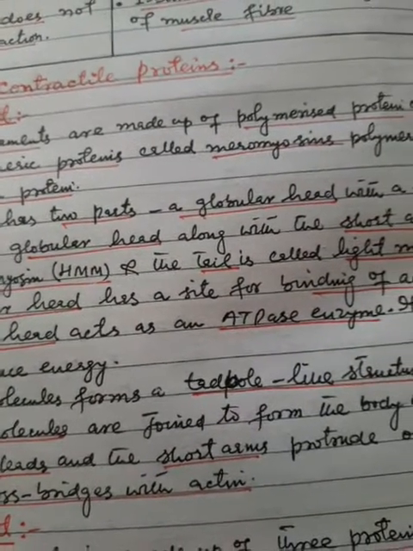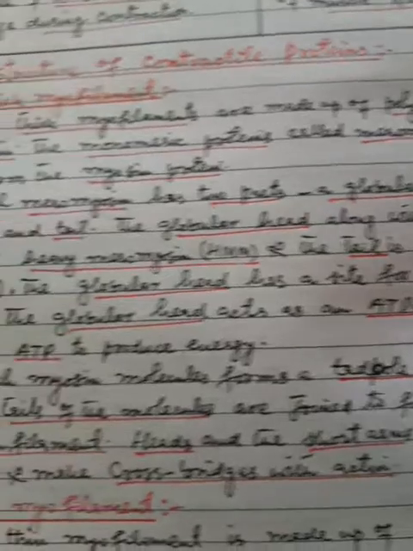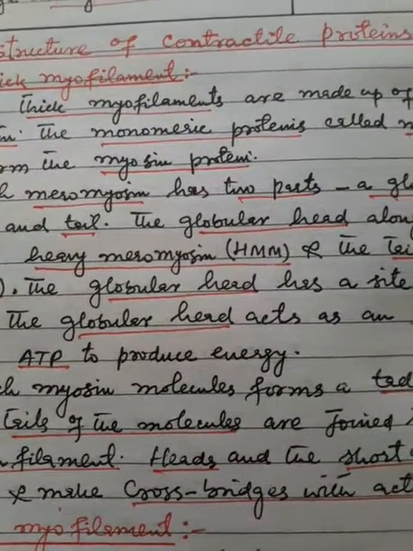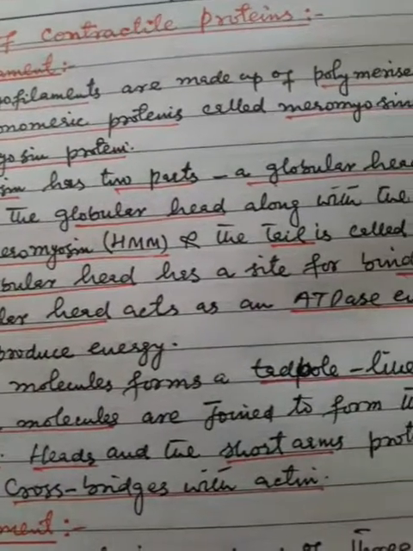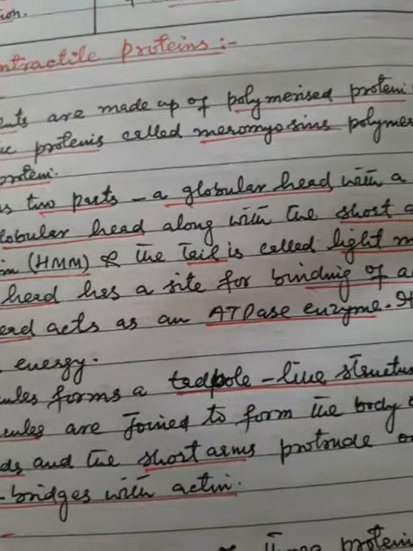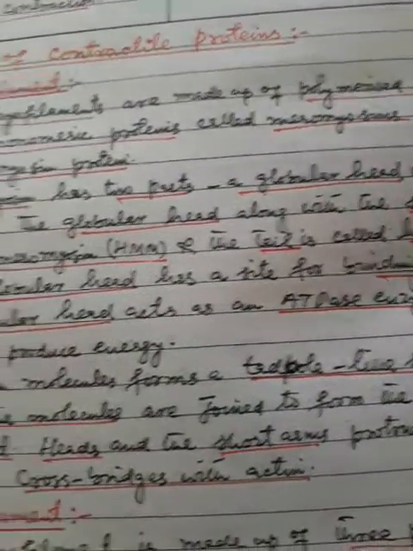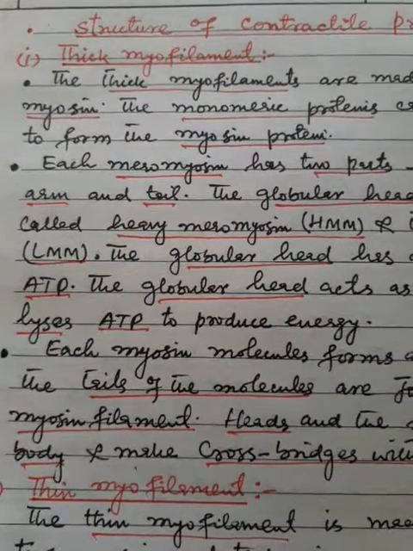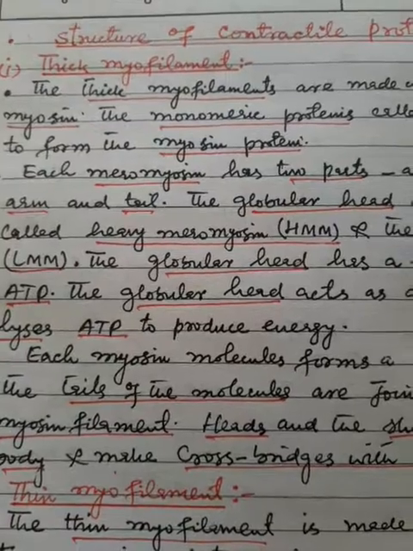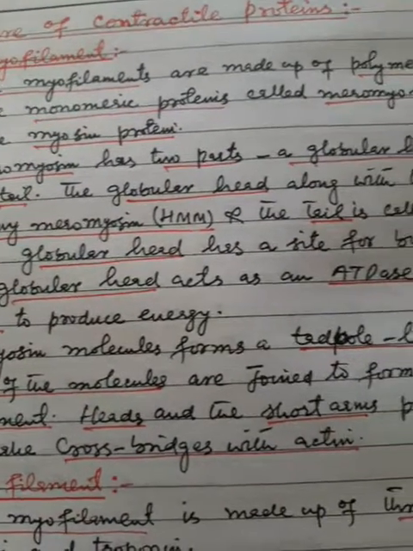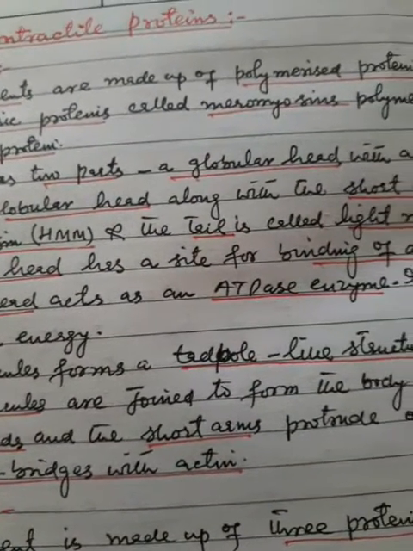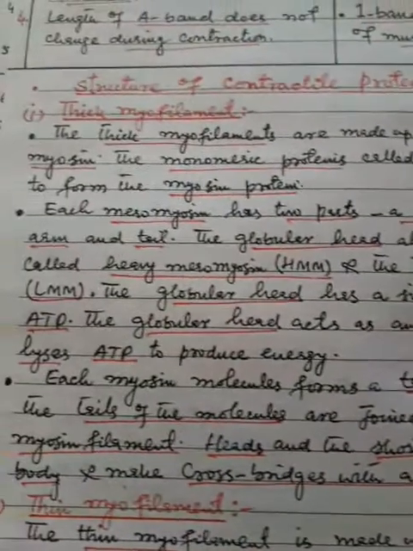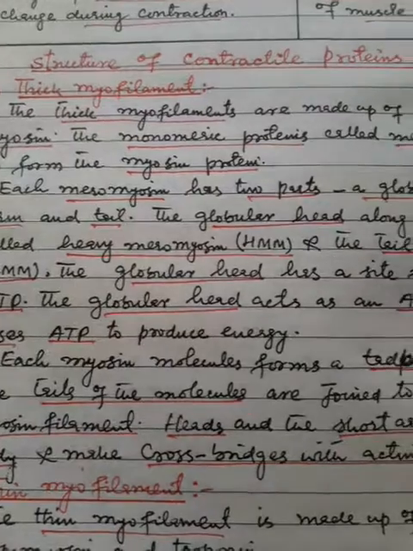polymerized proteins called myosin. The monomeric proteins called meromyosins polymerize to form the myosin protein. Each meromyosin has two parts, a globular head with a short arm and tail.